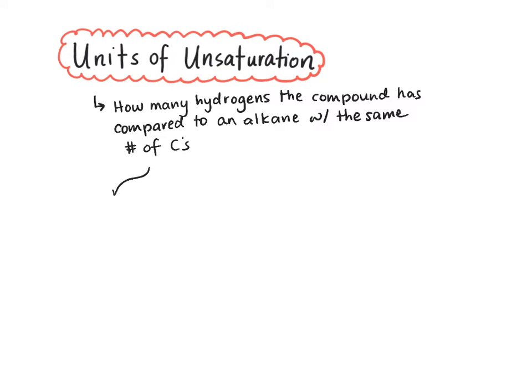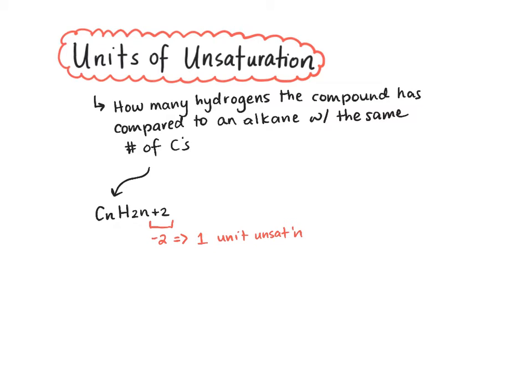So our alkane formula is CnH2n+2. Every time we remove 2 hydrogens, that's equivalent to 1 unit of unsaturation. It doesn't mean that the compound is unsaturated. It means that it just has a different number of hydrogens than the alkane would.